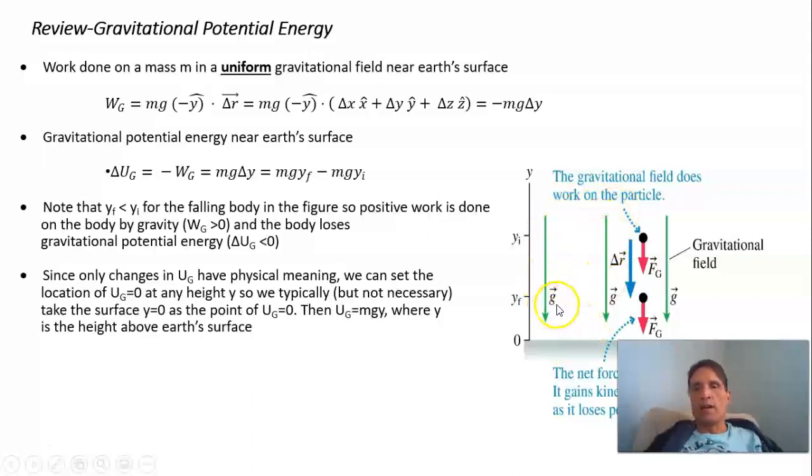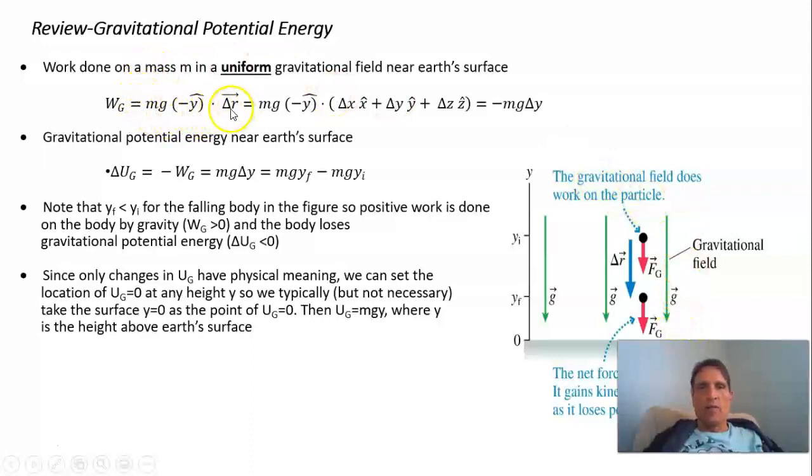It's 9.8 newtons per kilogram, pointing downward. If you throw a ball up and the ball is falling down, gravity is in the negative y direction, and you can take the dot product.